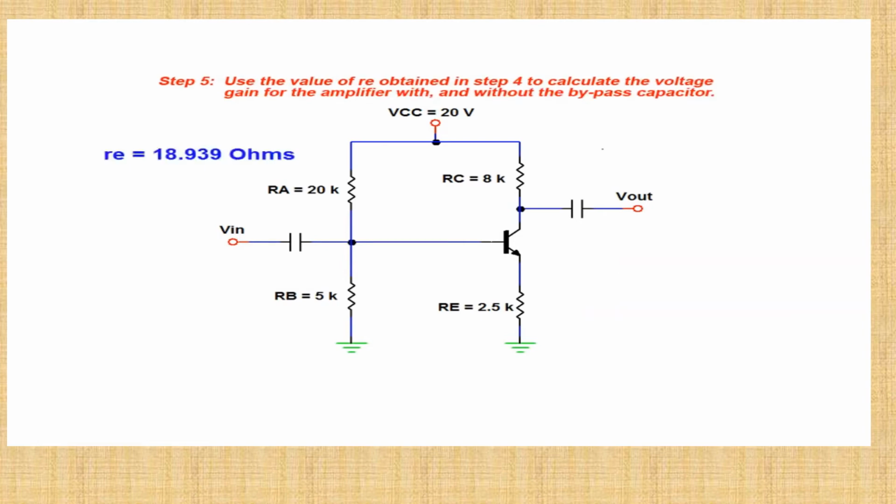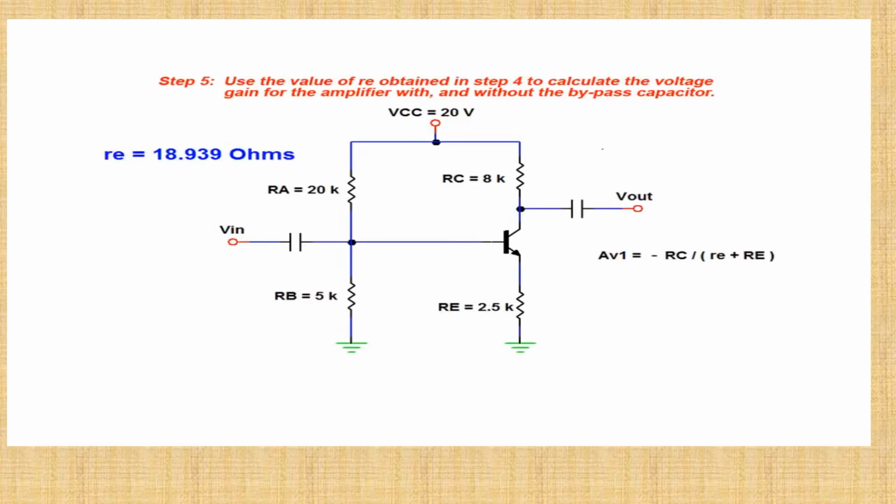Having finally obtained the value of internal resistance in the emitter of the BJT, we are now ready to calculate the voltage gain of the amplifier circuit with and without the bypass capacitor. For the purposes of this demonstration, we will be using a simplified relationship to calculate voltage gain. This relationship disregards transistor beta.